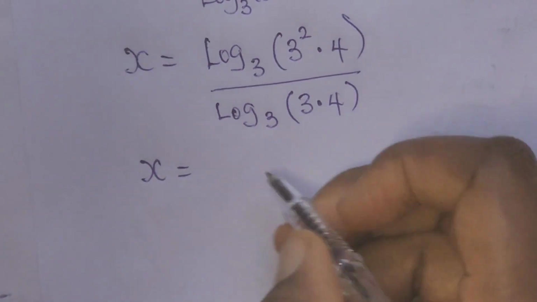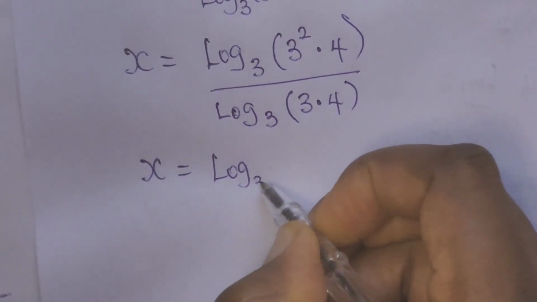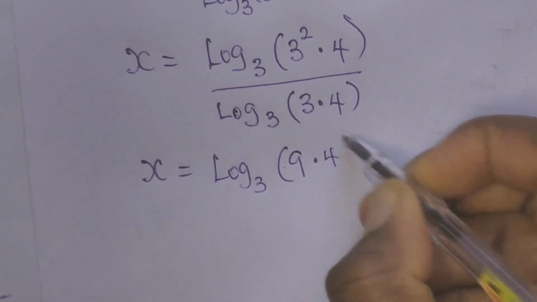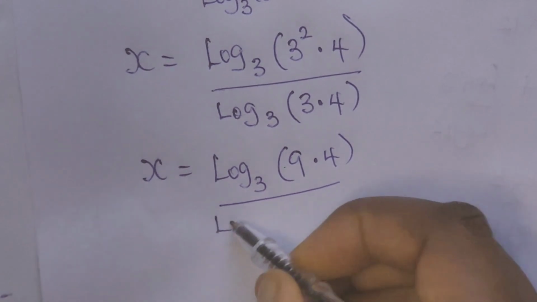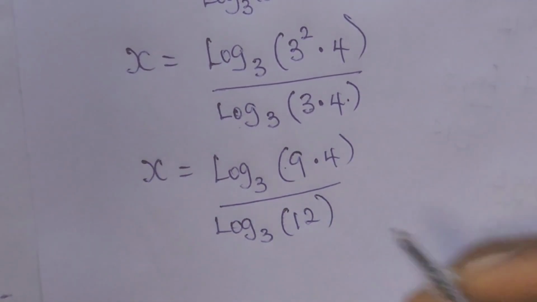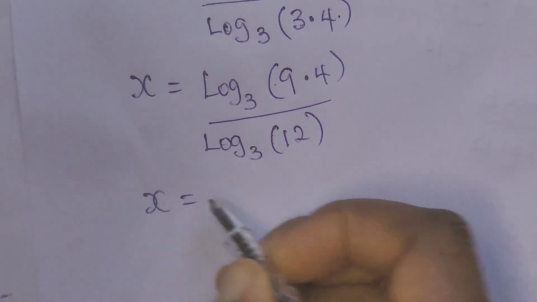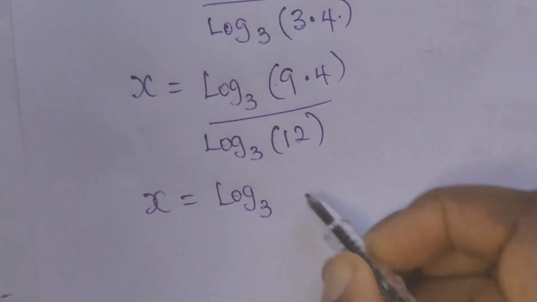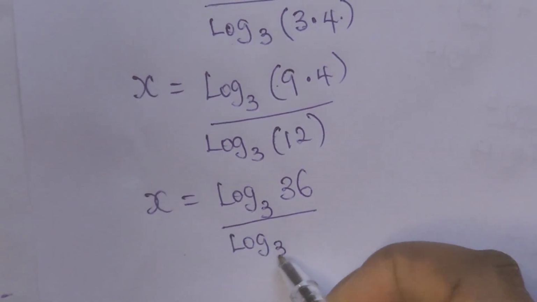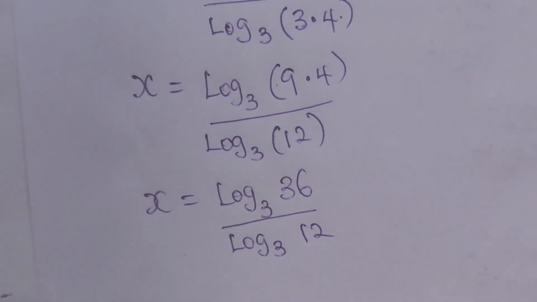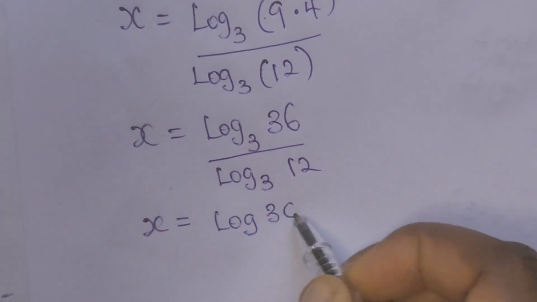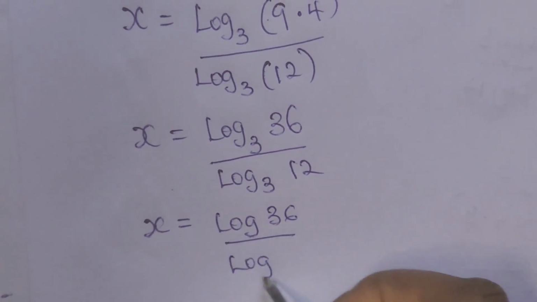Our x is equal to log to base 3 of, we have 3 squared, which is 9 times 4, all over log to base 3, we have 3 times 4, which is 12. So we have x to be equal to log to base 3 of 36, all over log to base 3 of 12. Our x is equal to log 36 over log 12.